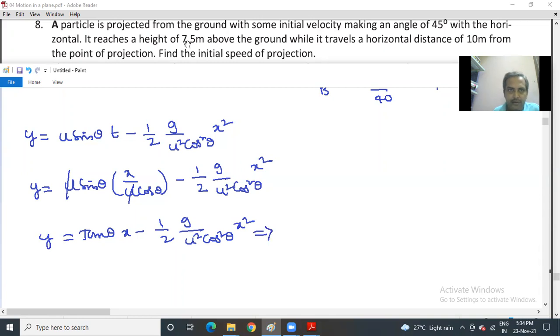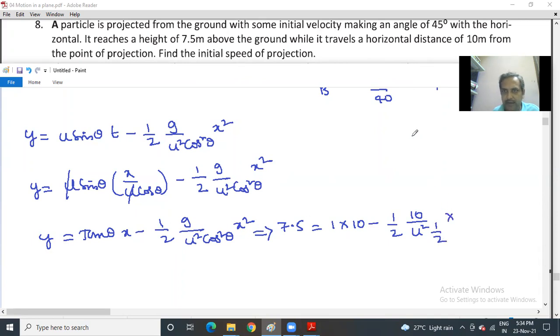Let us substitute the values. Y is given 7.5. Tan theta, so tan 45 is 1, with x. How much is x given? 10, minus half g, g is 10, u square, we need to find out u. Cos 45, it will be 1 by root 2. 1 by root 2 whole square will be 1 by 2.